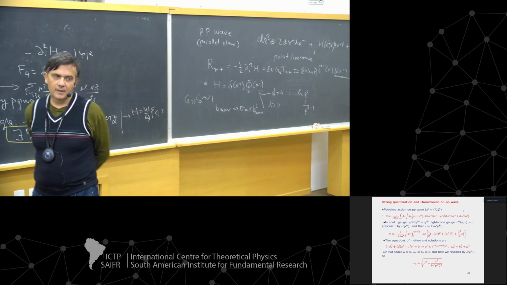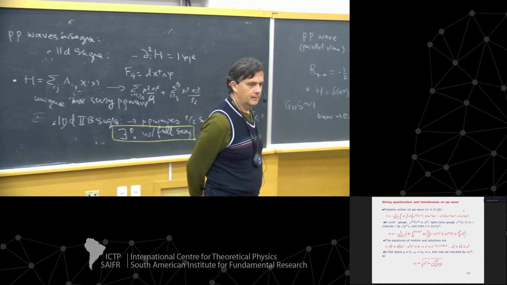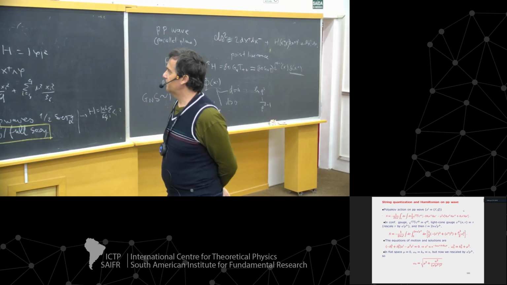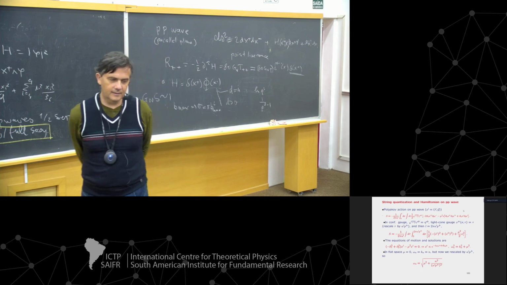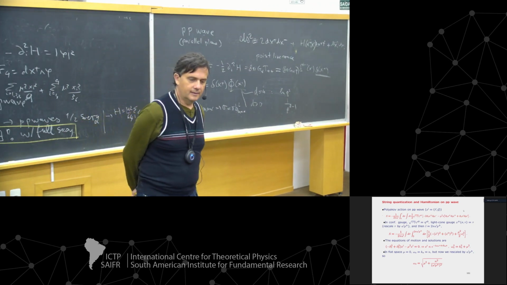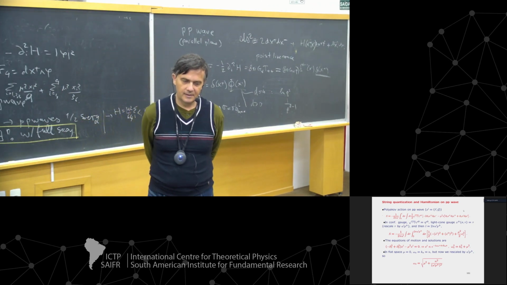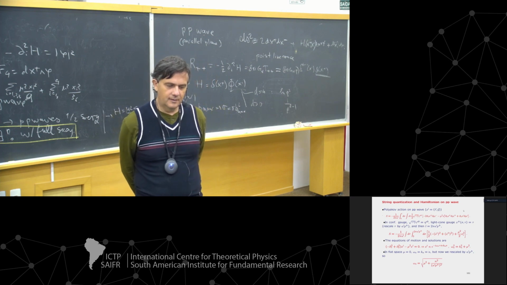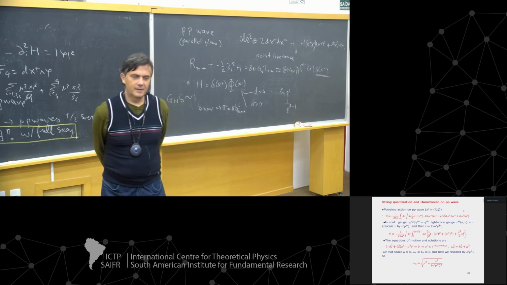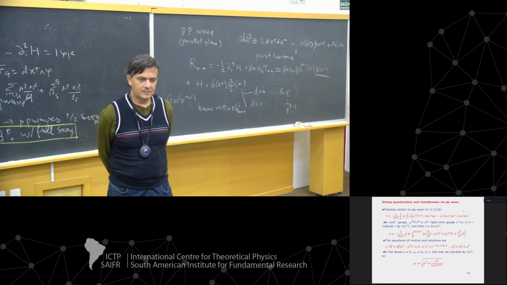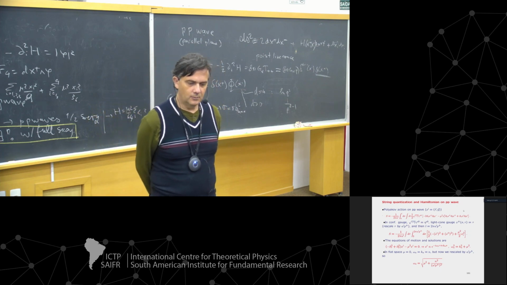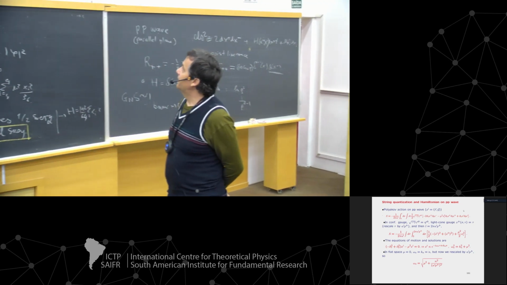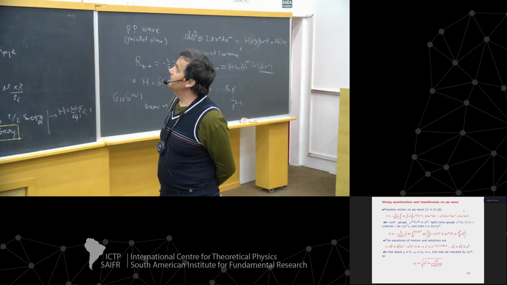So how do we quantize the string on the pp-wave and obtain something similar from Yang-Mills? So first, we write the general Polyakov action and specify the world sheet to be the world sheet on a pp-wave, then obtain the formula there on top of page 161.